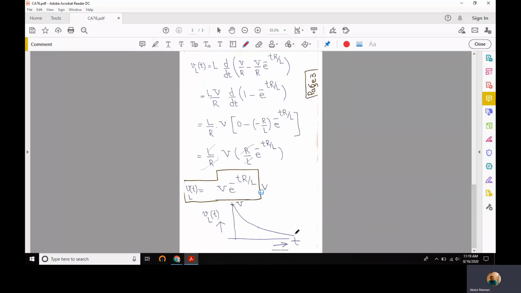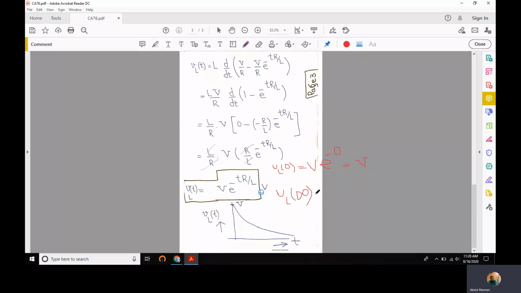When we put time t is equal to 0, this becomes V e to the minus 0 times R over L, and e to the minus 0 is 1, so this is V. So the max value is V, and it keeps on decreasing as time approaches infinity.